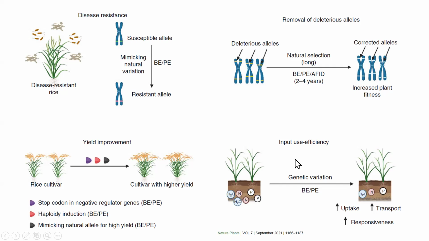We also use this for biofortification. Biofortification means improvement of the nutritional quality of food by any genetic intervention. For example, golden rice contains vitamin A. So many nutritional quantities and qualities can be improved in the plant by using genome editing.